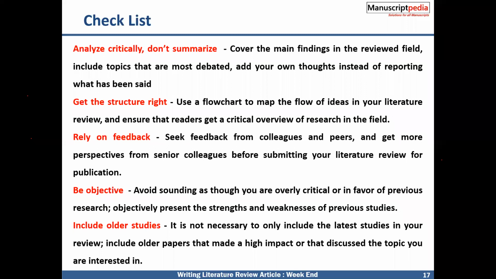Then the objective is very important in the literature review. After writing the literature review paper, kindly send it to your colleagues to check the flow and the write-up. You should not just write the same thing the authors have done.